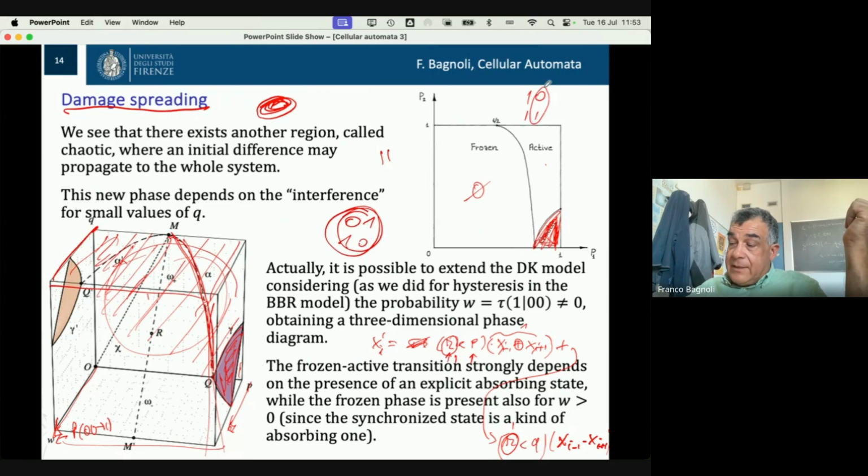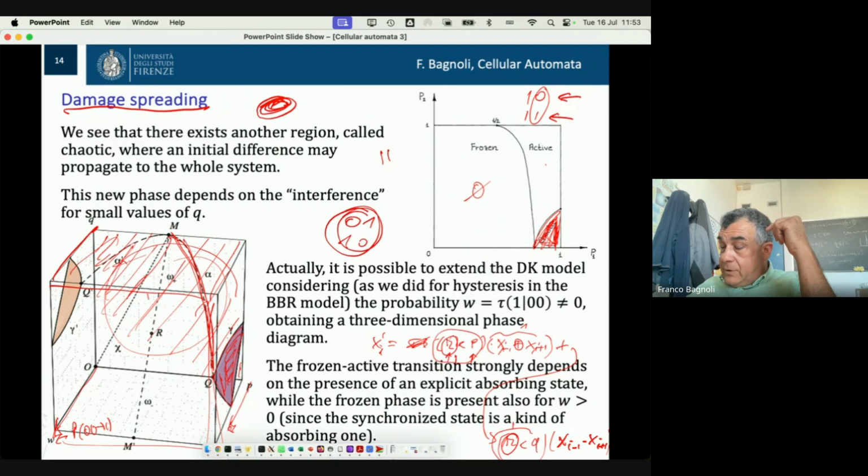For instance, this is the defect, and so in one configuration it's 0 and in the other it's 1, so you have in one configuration 1, 0, and in the other 1, 1. Now, if you use the same random number in one simulation, in one configuration this is true with this condition, and in the other with this other condition.